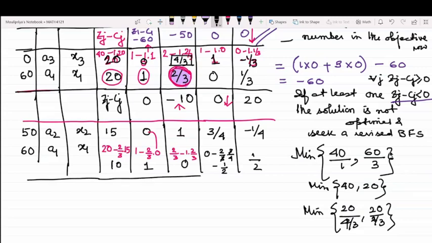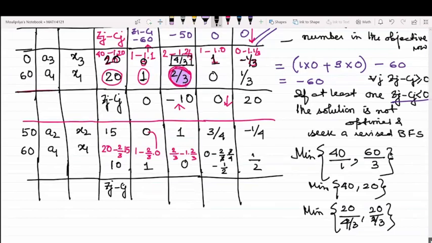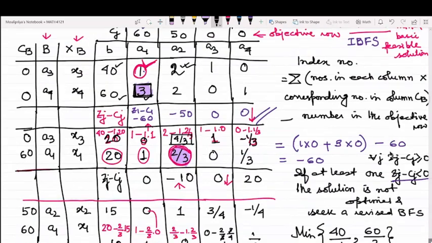So now we are in a position to recalculate the index number, Zj minus Cj. What about Z1 minus C1? It would be 60 into 1 plus 50 into 0 minus 60.